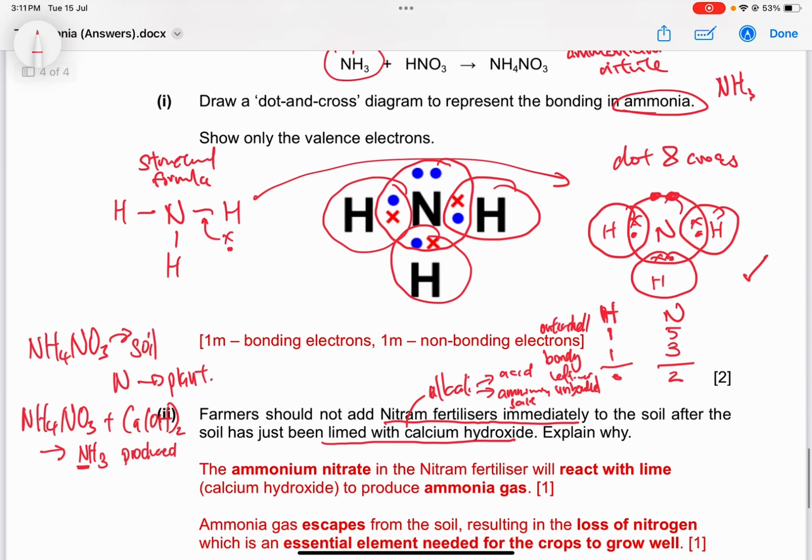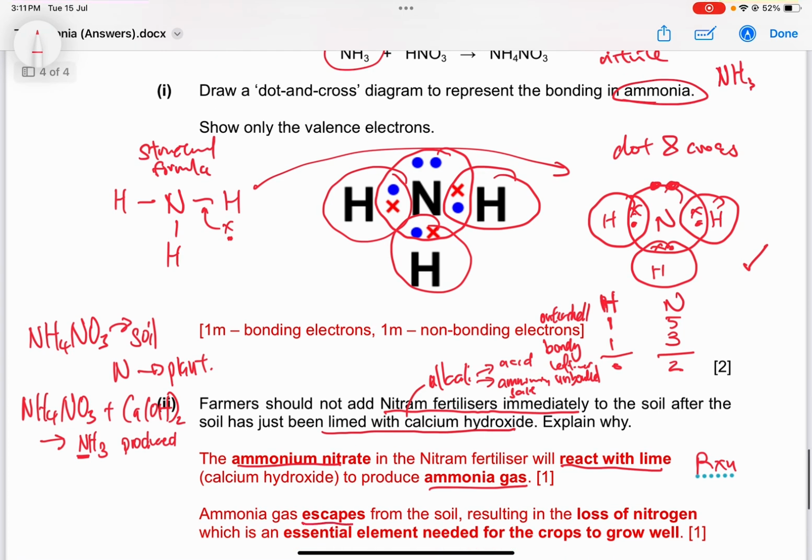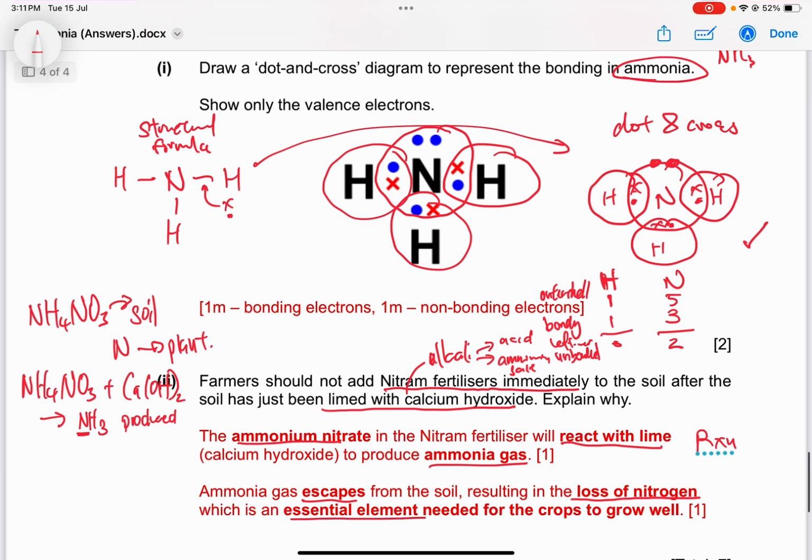Okay, so key idea, first thing, talk about the reaction. The ammonium nitrate in the nitrogen fertilizer will react with lime to produce ammonia gas. Okay, that's the first step. But what's the problem with this? Ammonia will escape from the soil. Once it has escaped, there's a loss of nitrogen, which is an essential element for the plant to grow well.